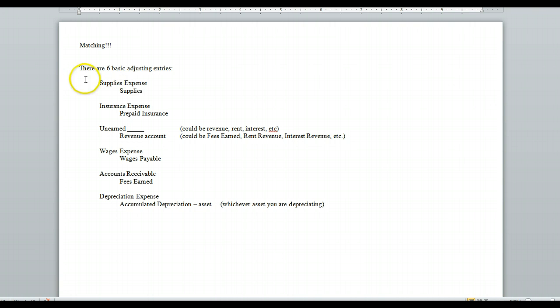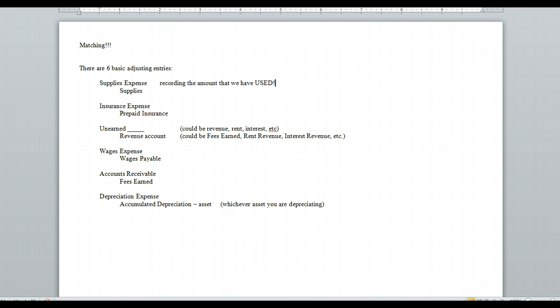So I'm going to be increasing supplies expense and decreasing supplies for the amount of supplies that I have used. Okay, so let me put a little note over here. We are recording the amount that we have used.